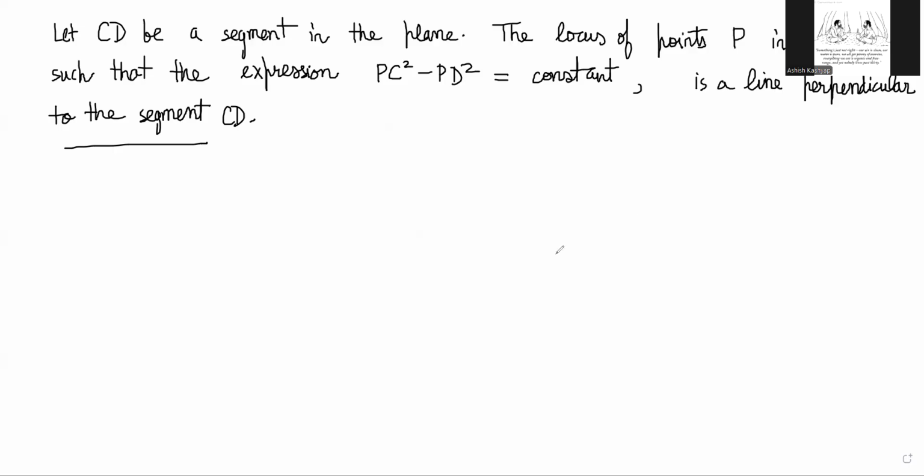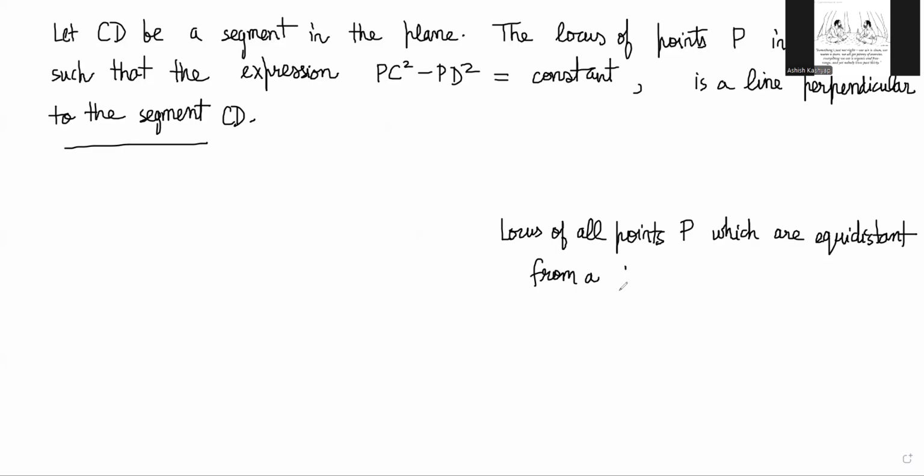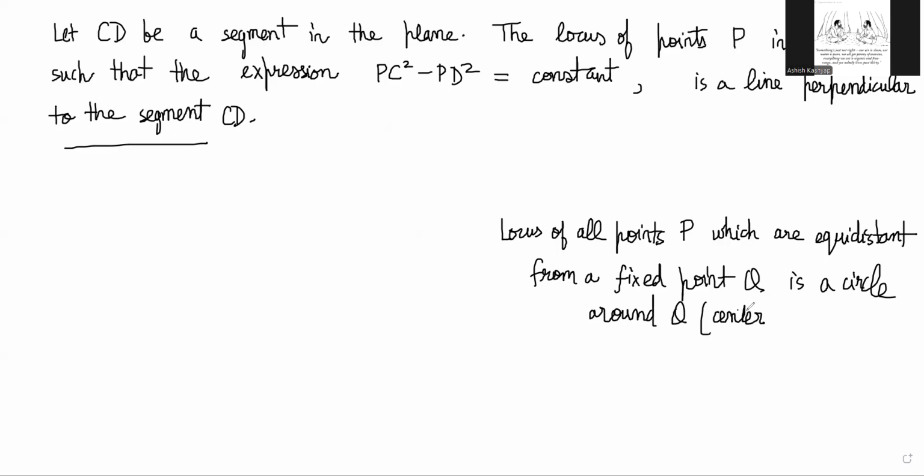For example, we can say locus of all points P which are equidistant from a fixed point. What is this? Circle. A circle around Q, with Q being the center.